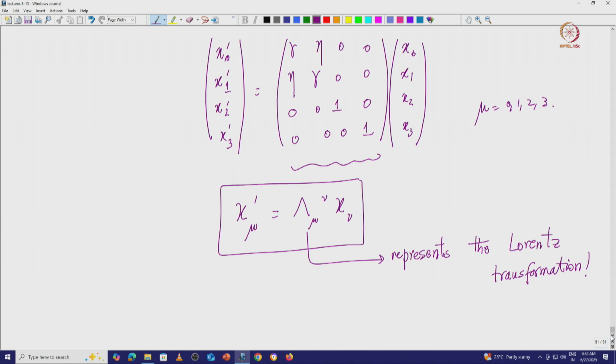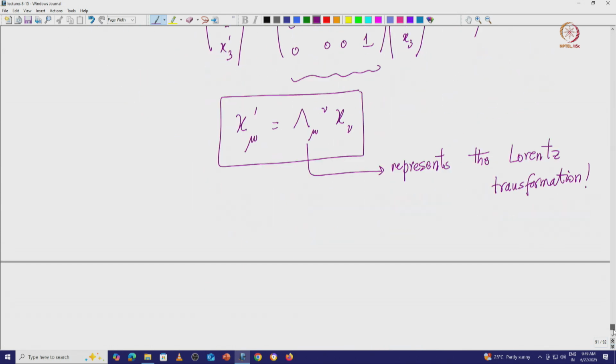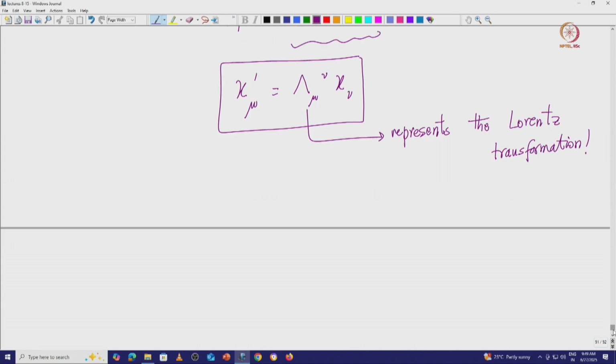What we learn in special theory of relativity is the upper part, and the lower part is what we want to write down in this case. Now before going further, introduce the metric tensor.